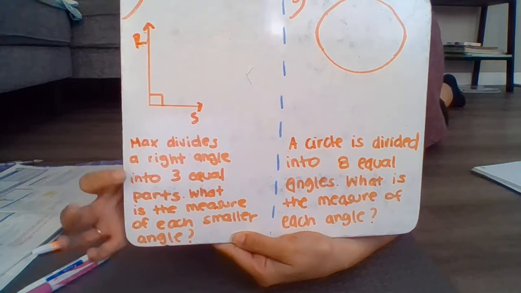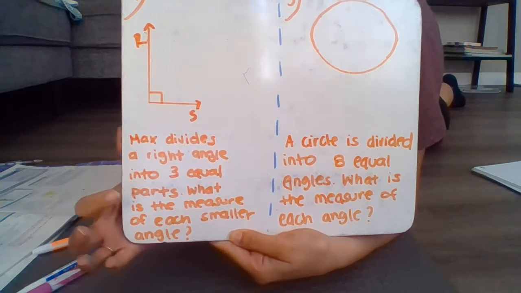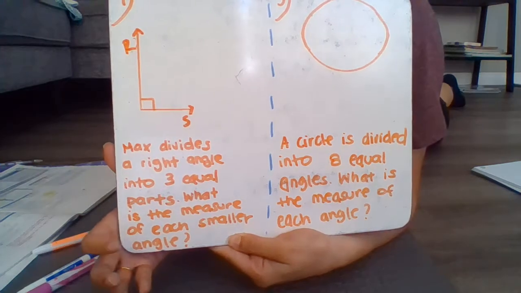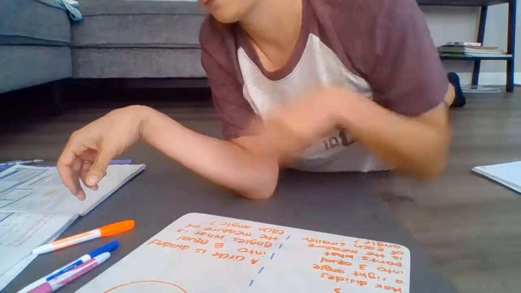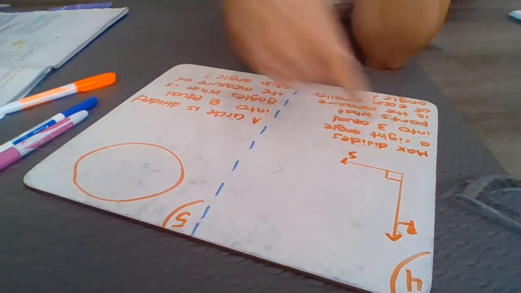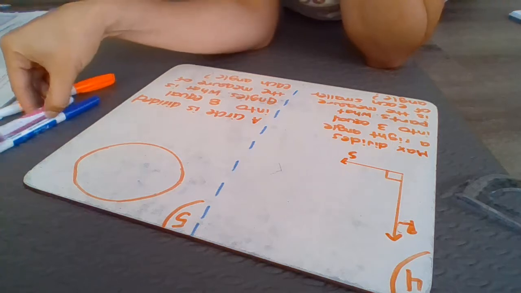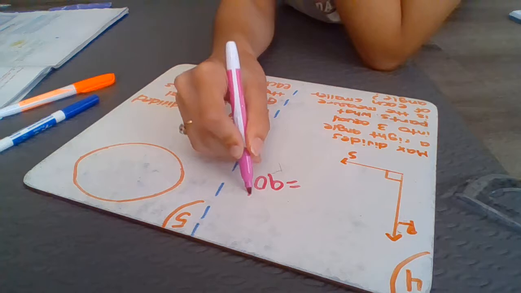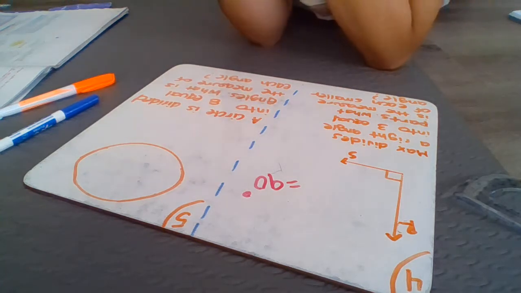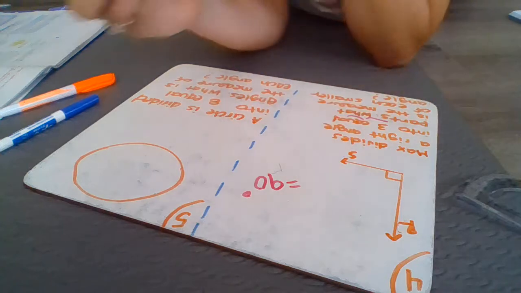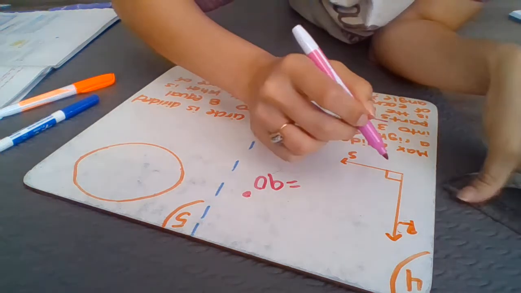Max divides a right angle into 3 equal parts. What is the measure of each of the small angles? Okay. So I had already drawn the right angle for you. I know that a right angle is equal to 90 degrees. Max divides the right angle into 3 equal parts.